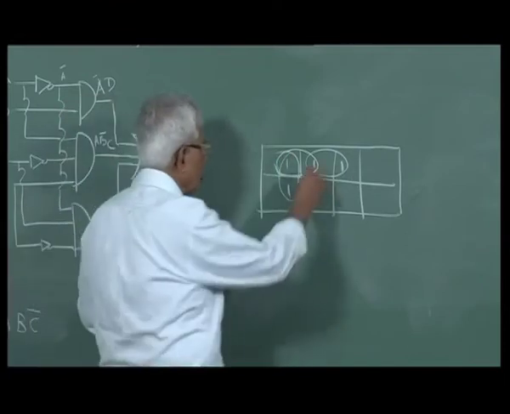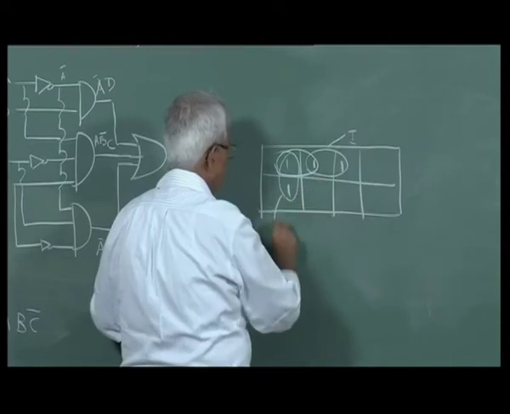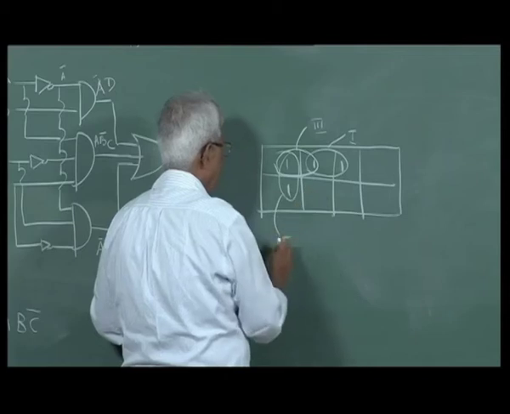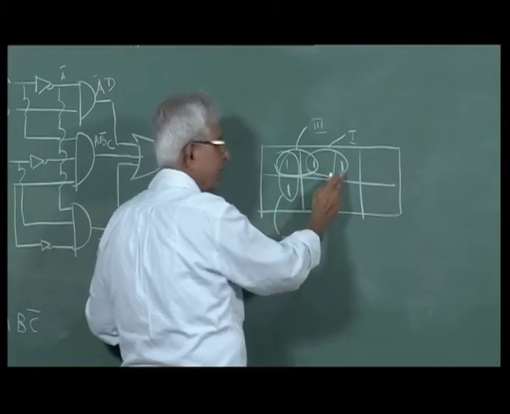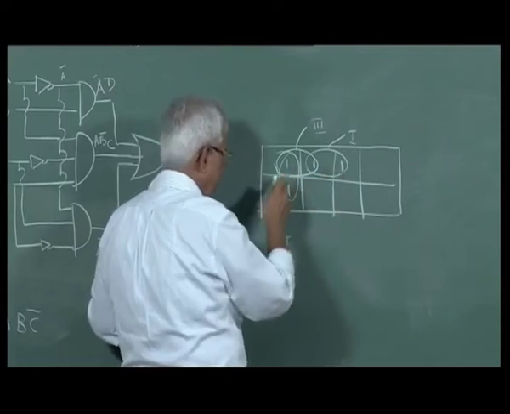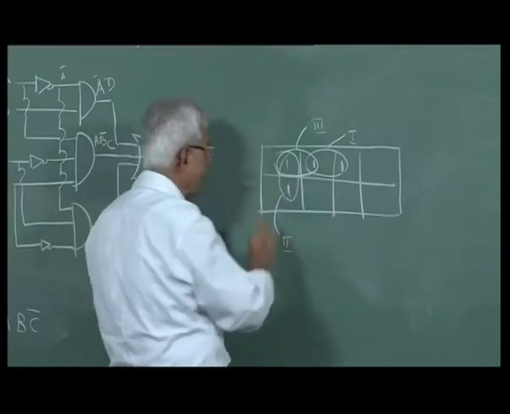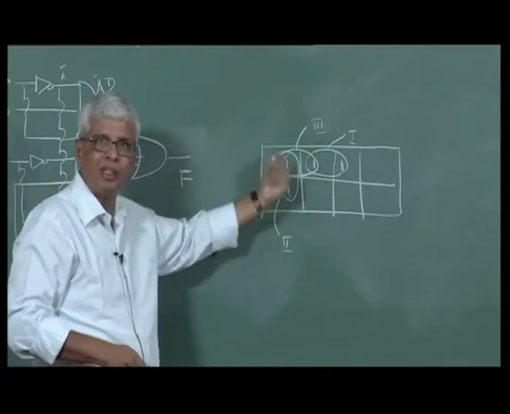So I will call this 1, 2, 3. 1 is essential because this one gets left out otherwise. 2 is essential because this one gets left out otherwise. 3 is non-essential because these two ones have already been combined in some other way.